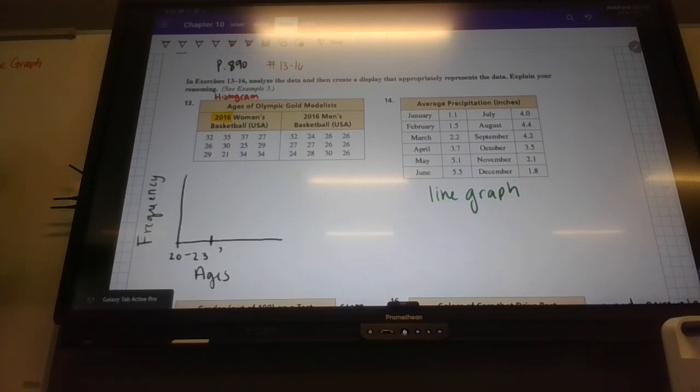And then our next one will be 24 to 27. Then 28, 29, 30, 31. 28 to 31. Then 32, 33, 34, 35. 32 to 35.